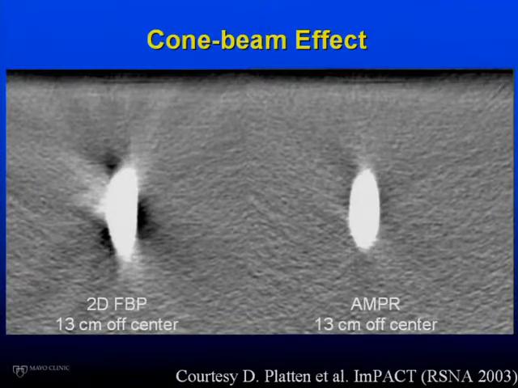Here is another example. This is a digital head phantom. It has a very challenging low contrast object and very complicated high contrast object. And this phantom has been used for testing the accuracy of cone beam reconstruction methods. This simulation was for a 256-slice scanner.